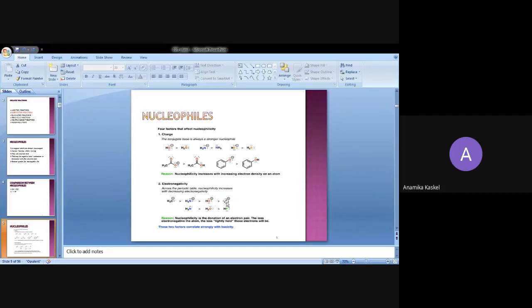But the negative charge is present on the highest electronegative atom. So if the negative charge is on the more electronegative atom, what will happen? It will attract this negative charge more. So this negative charge is not free to donate to the positive charge. Clear?